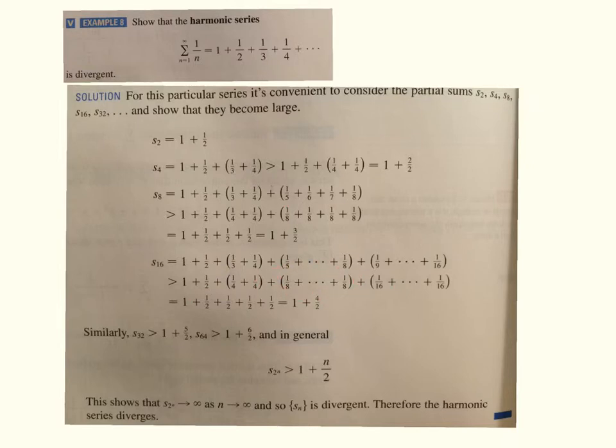This part here, you'll have 4 1/8, so that adds to 1/2. You have 8 1/16, which is 1/2, so this sum here must be bigger than 3. And you can see that you can keep going with this argument. You have to grab more and more terms each time, but what's going to happen is the sum of the first 2 to the nth terms is always going to be bigger than 1 plus n over 2.